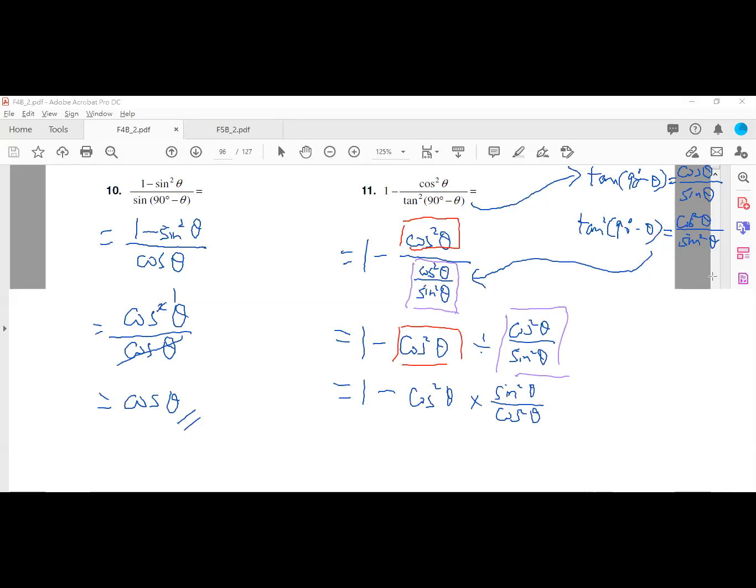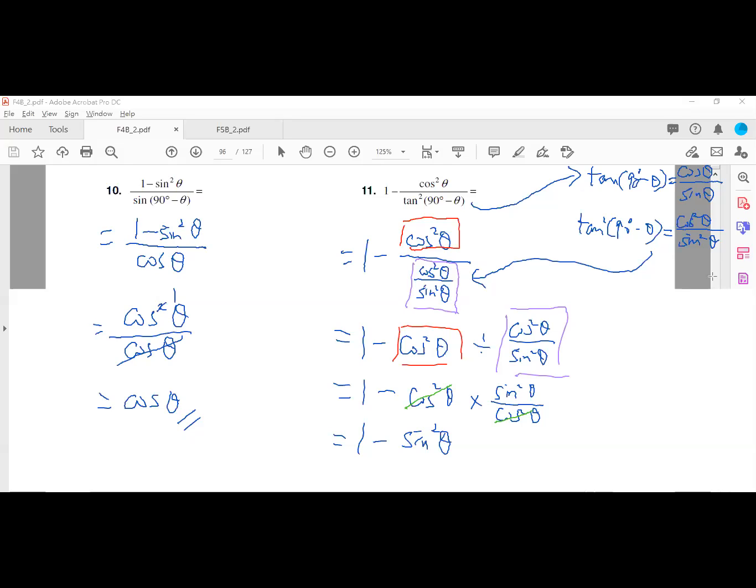Okay? And then you are happy. You're happy seeing this because you can find a pair of common factors. Okay? One up, one down. So they can be cancelled by each other. So what is remaining in the next step? The 1 minus is unchanged. And what is remaining on the behind will be just sine square theta.